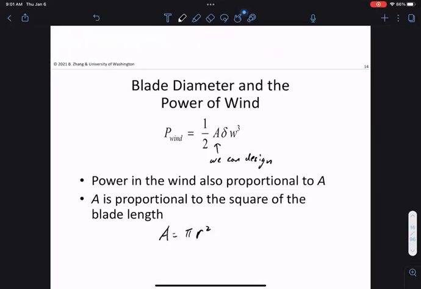Questions about these? All of these factors mean a lot of trade-offs are not linear. We're very good at thinking about linear trade-offs: you lose 10% here, you gain 10% there. But in these designs the trade-offs are not linear. You have cubes, you have squares, so it makes the trade-off calculation a little more complicated.